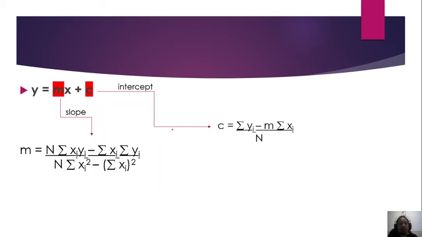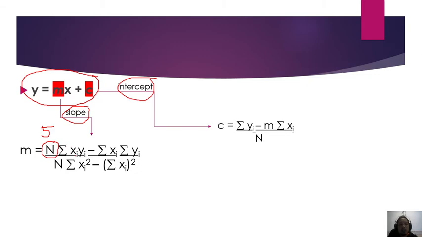So, kamu akan refer kepada equation y sama dengan mx plus c. You need to find the slope value and the intercept. Slope adalah kecerunan graf, dan dia adalah linear graph, dan intercept adalah pintasan y. So, the formula to calculate the slope adalah m sama dengan n, n adalah bilangan data. From the slide before, dia punya nilai n adalah 5.